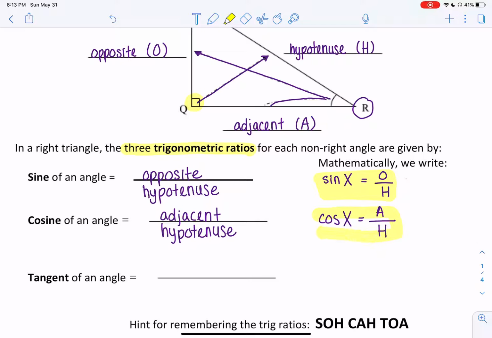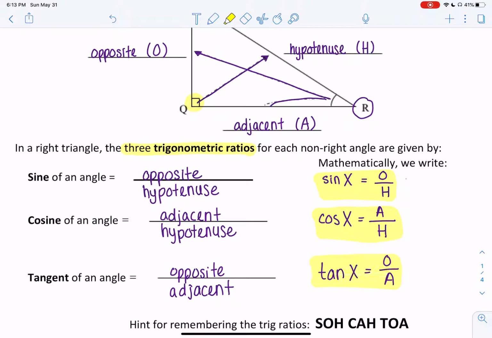So that's our second important equation. Thirdly, we have the tangent of our angle, and that is equal to the length of our opposite side divided by the length of our adjacent side. As an equation, the tan of our angle is equal to our opposite side over our adjacent side.